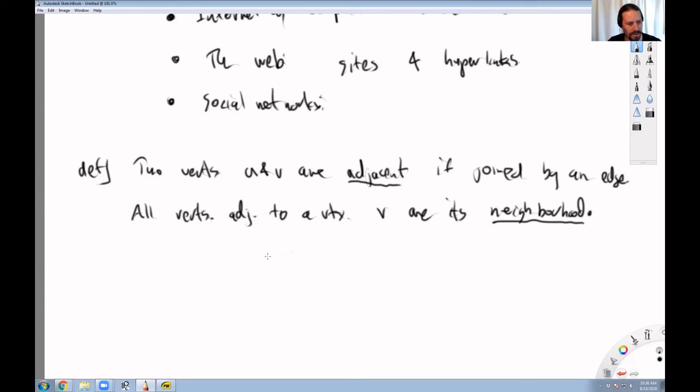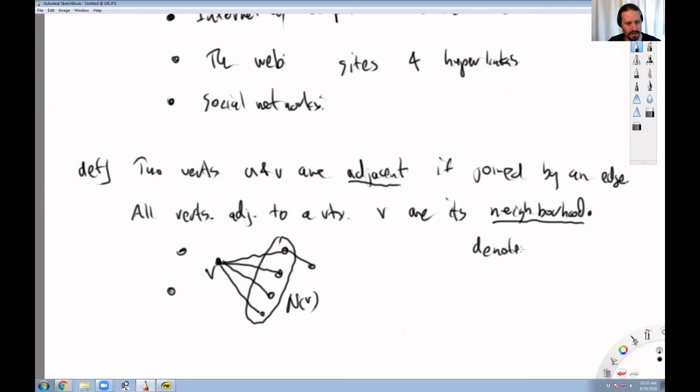Okay, so maybe as an example here, here's my vertex v, and its neighborhood are all these vertices that are joined to it, that are adjacent to it. Okay, maybe there's a vertex over here, maybe some over here. It's just these. This is the neighborhood of v. The notation there is denoted N of v, that's its neighborhood.